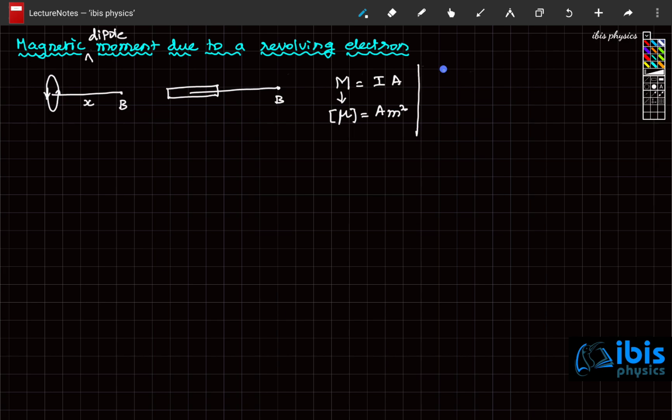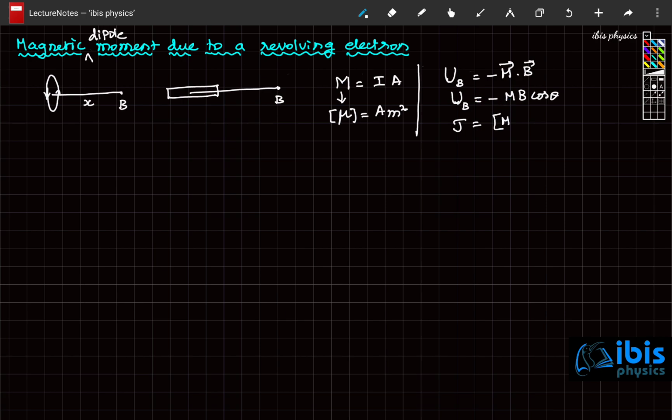At the same time, we know the energy of a dipole in a uniform magnetic field, we derived it to be minus m dot B, or minus mB cos theta. This is the energy of a dipole in a magnetic field. The unit of energy is joule, so we are only going to consider the units. Leave the negative sign.